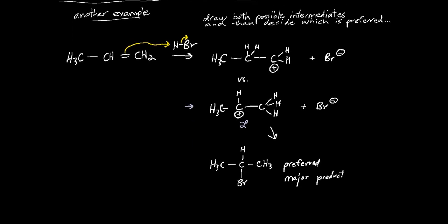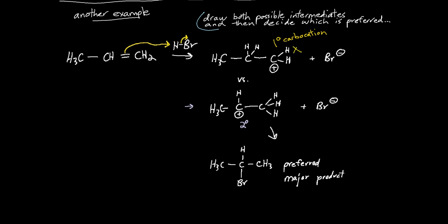We have an alkene to start with, reacting with HBr again, have the arrows shown. Draw both possible intermediates. So here we have a primary carbocation as one possible intermediate. And you should recall from above that that's not really possible.